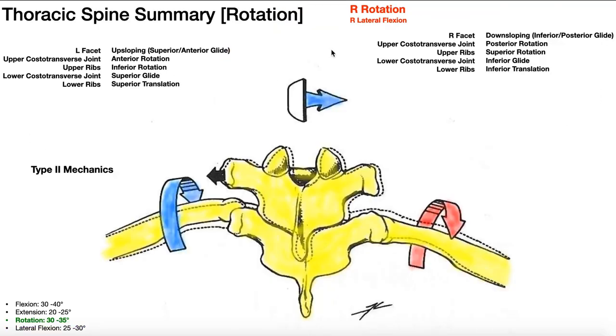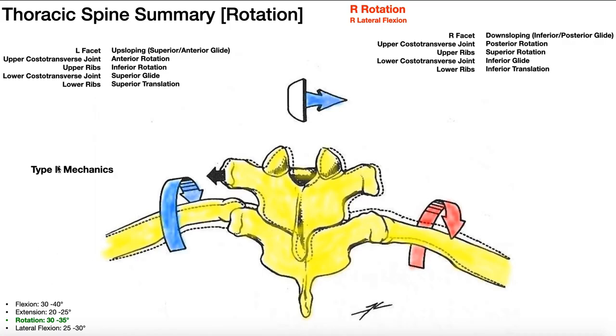That means when you rotate to the right, the left side of the rib cage has less space for the ribs, and to accommodate that decrease in space, they're going to come closer together. The best way to do that is for the upper ribs to rotate inferiorly and the lower ribs to translate superiorly. With thoracic rotation, the typical passive range of motion is about 30 to 35 degrees.